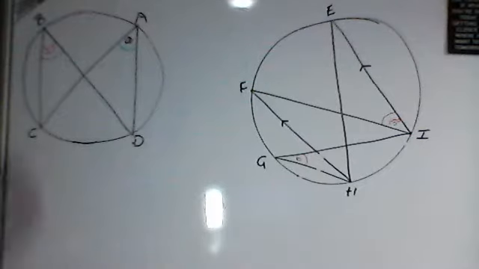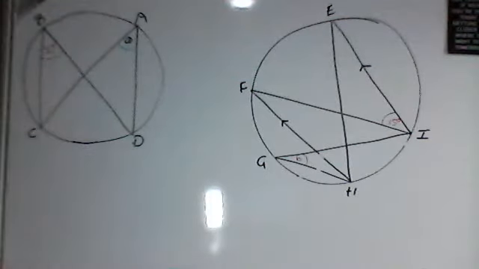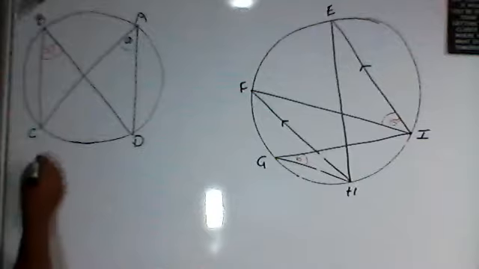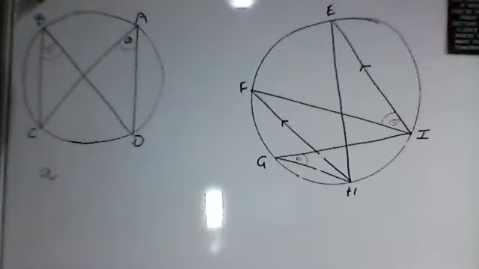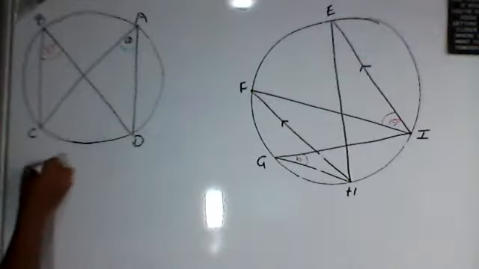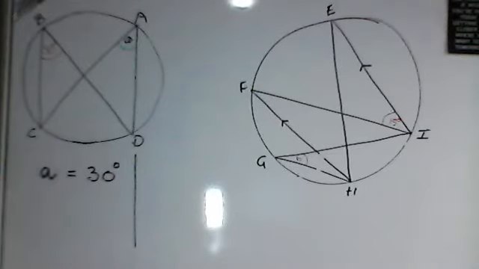We have to give reasons for our answers. So all we do is say that angle A is equal to 30 degrees. That is a bold statement, and we support it with a reason.